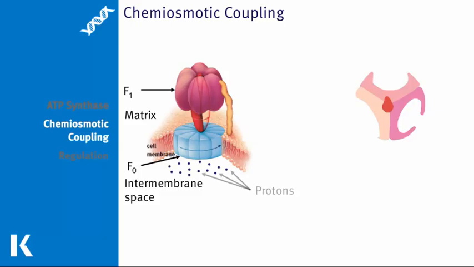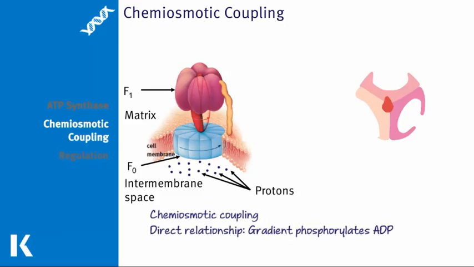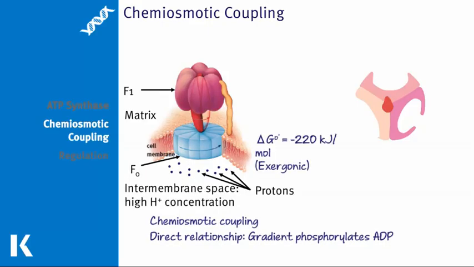The proton concentration of the intermembrane space is vital for chemiosmotic coupling, because there's a direct relationship between the energy from the gradient and the phosphorylation of ADP. The protons travel through F0 spontaneously in an exergonic reaction, and that energy is used for the creation of ATP, which is an endergonic process, so a more energetic molecule is the product.